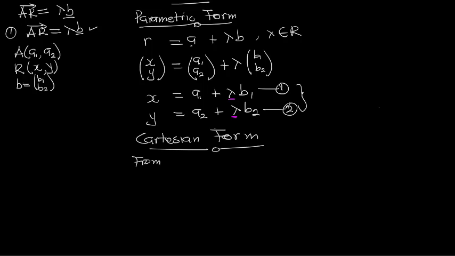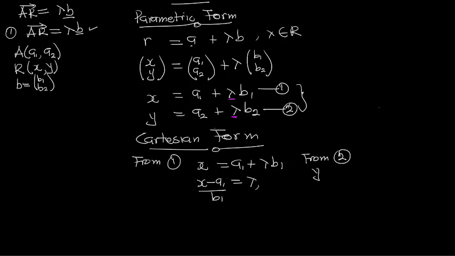From equation 1, x is equal to a1 plus lambda b1. If we make lambda the subject, we have x minus a1 over b1 is equal to lambda. From equation 2, we also obtain that y is equal to a2 plus lambda b2.